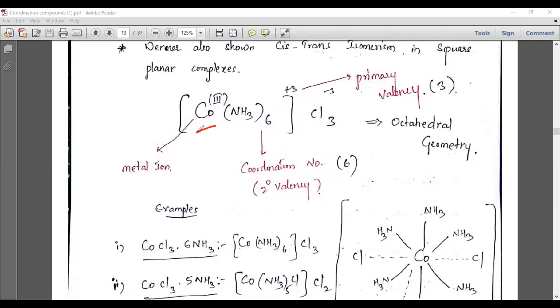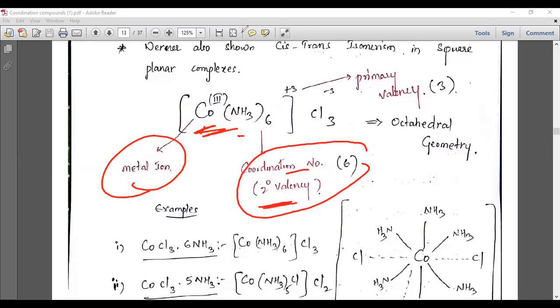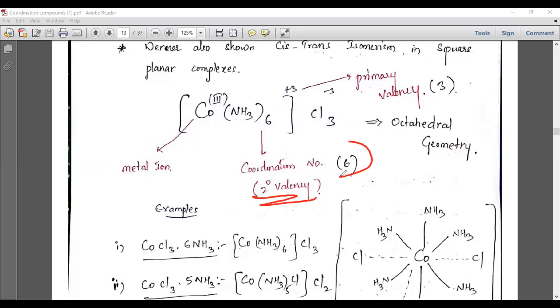So see here, this is our particular complex and this is our metal ion and this is our coordination number and this is our secondary valency. For this particular secondary valency, the coordination number is 6 because 6 ligands are there. And here the primary valency is these 3 chlorines. Because 3 chlorines are there, they are the primary valency. And this primary valency satisfies the oxidation state of the central metal ion.